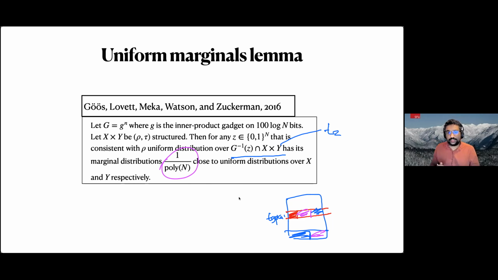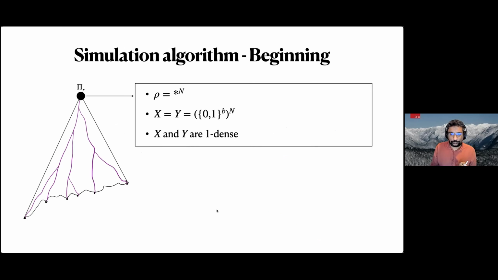And this theorem can be generalized for gadgets with low discrepancy as well, easily using the Vazirani XOR lemma and things like that. So now we have uniform marginals, and we know how to not condition on dangerous values. So this is our simulation algorithm from top down.